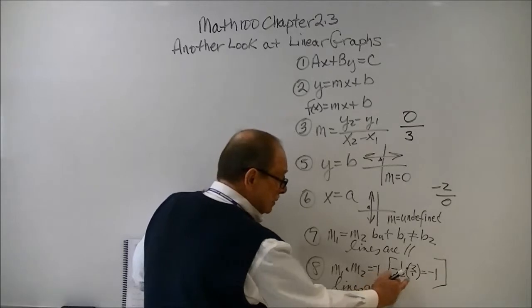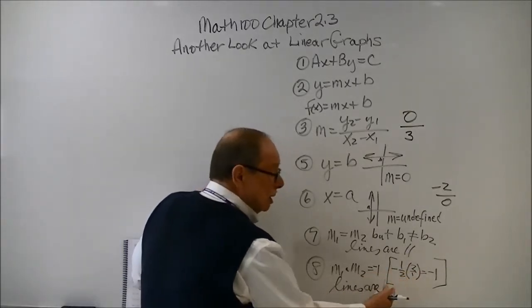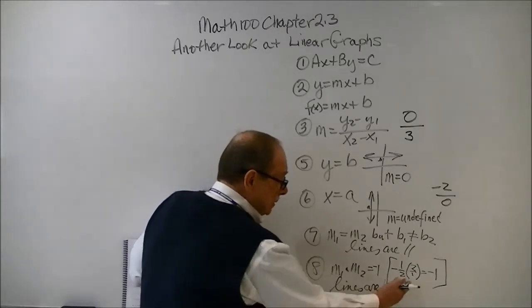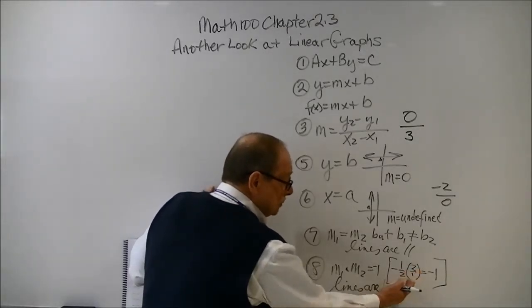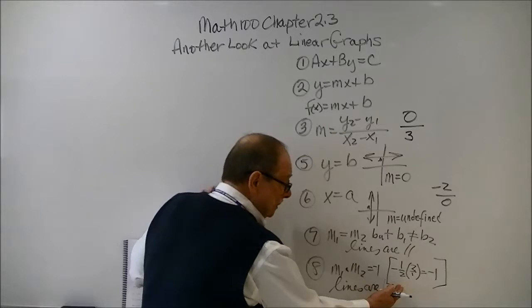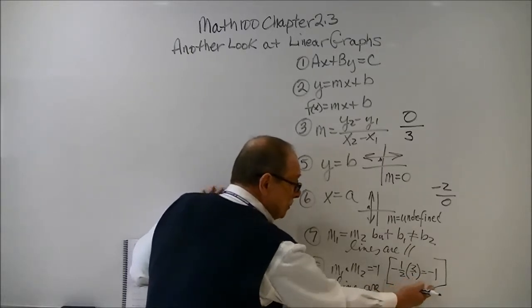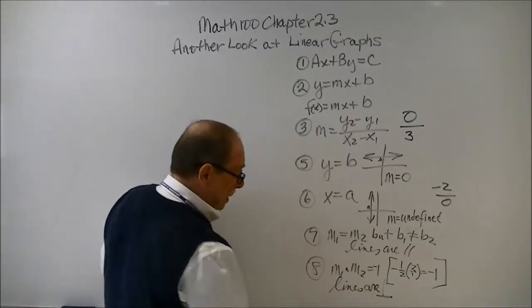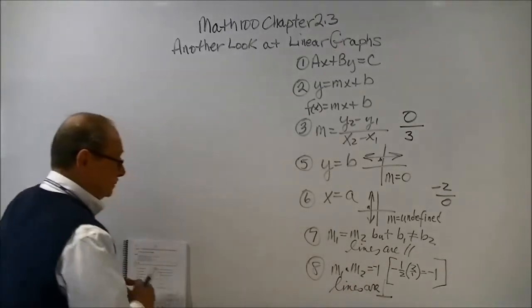So we say it's the negative reciprocal. The negative reciprocal of 2 would be -1/2, and the product of that would be -1. Then these lines are perpendicular. That's what this refers to.